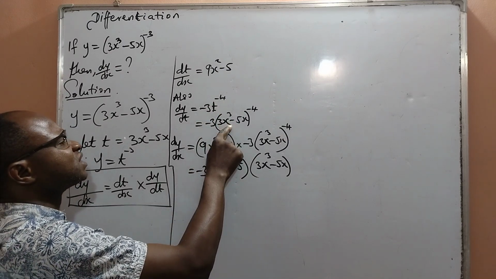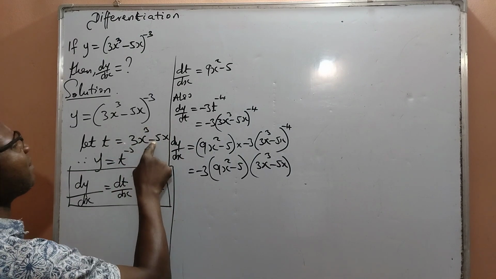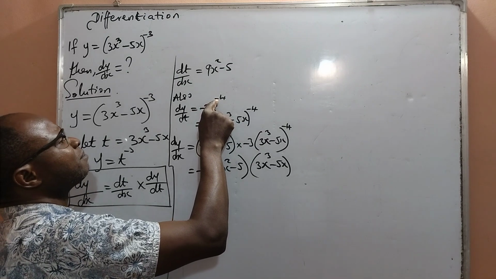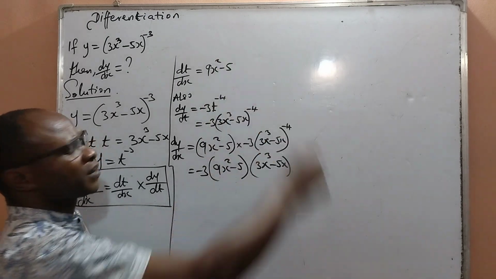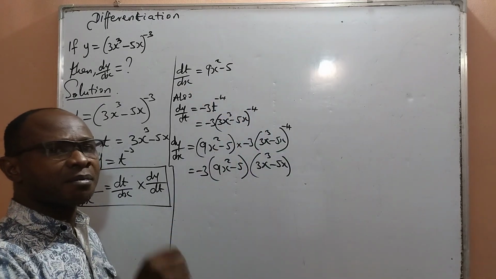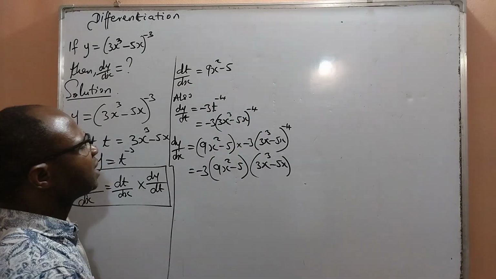So after substituting the value of t, which is 3x^3 - 5x as written, there should be the power minus 4. Good. Raised to the power minus 4. Beautiful. Now, at this point, I still have here raised to the power minus 4.